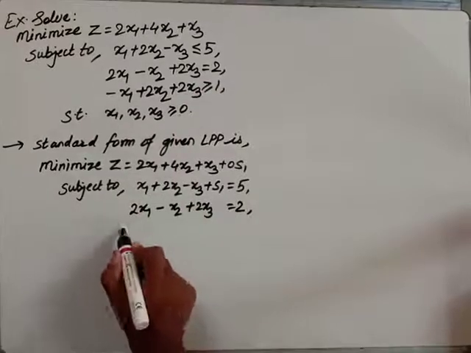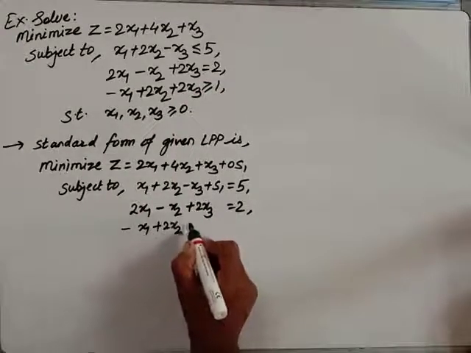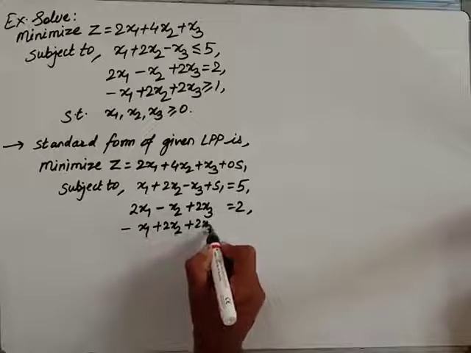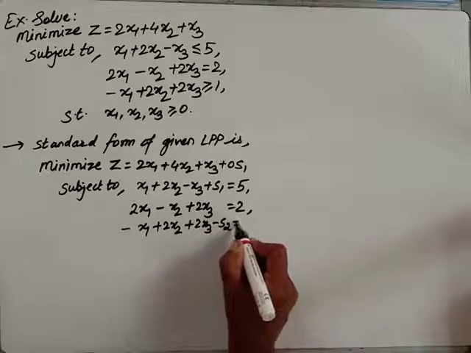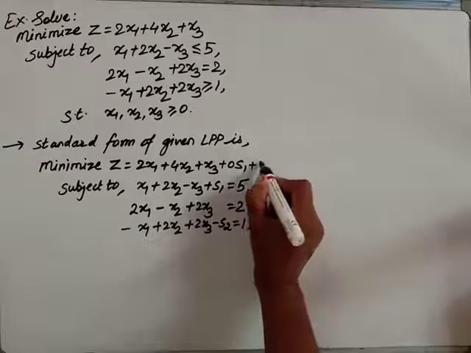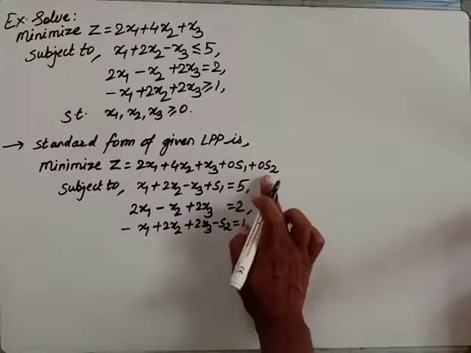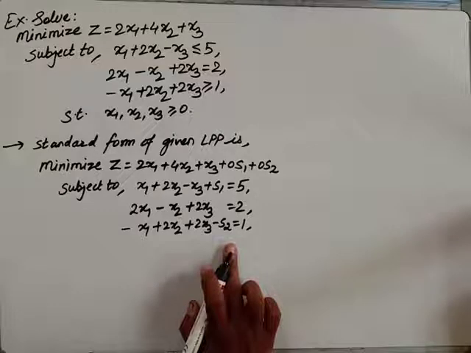So it will become minus x1 plus 2x2 plus 2x3 minus s2, the surplus variable. It will be subtracted and its coefficient is also 0 in the objective function. As such we get the standard form of this LPP.